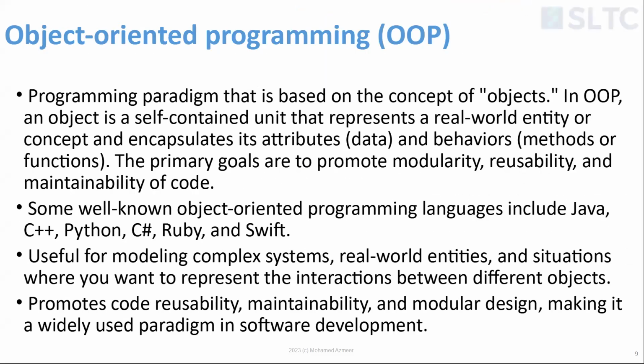So as the third point says, they are very useful for modeling complex systems, real-world entities, and also situations where you want to represent the interaction between different objects. And another very big one is that it promotes code reusability. What does that mean, reusability? Reusability is about writing code for one project and reusing part of that in another project.